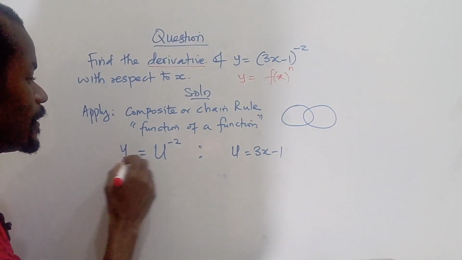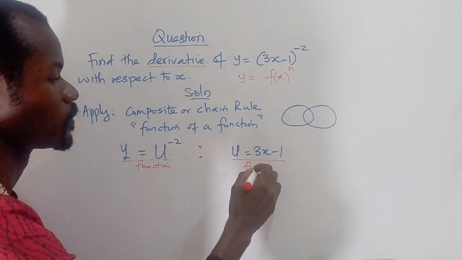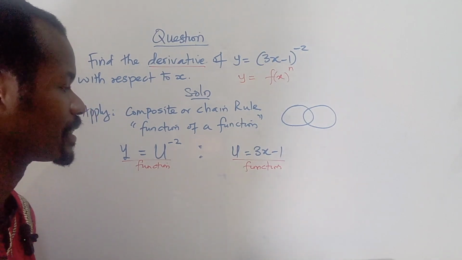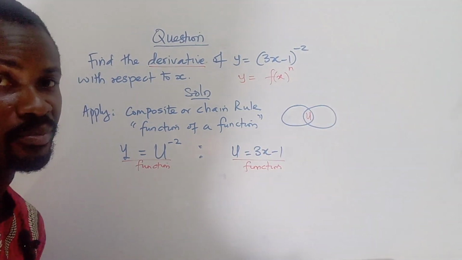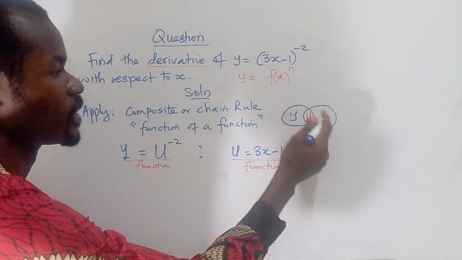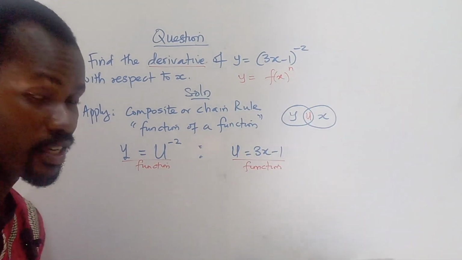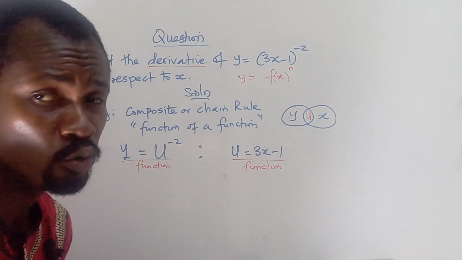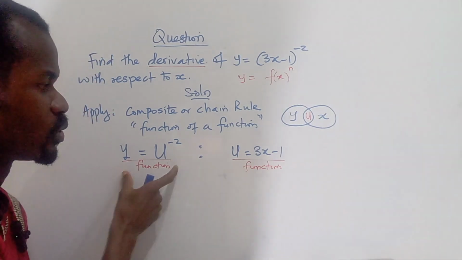This is a function and this is a function, and they have something that connects them. You can find u here and u here. So y is connected to u and u is connected to x. So it has a chain, and we call this a composite or chain rule to apply, because we have two functions.